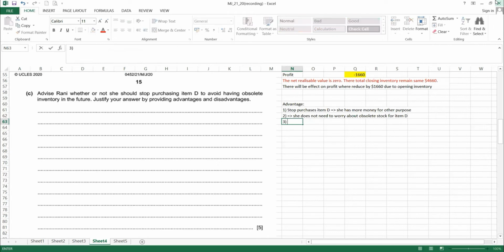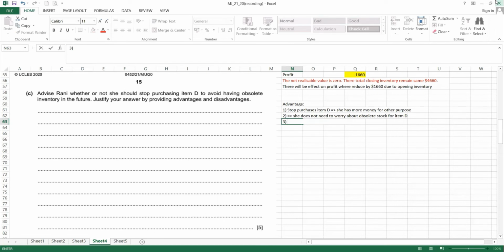Other than that, it will be good for her business because customers may have more choices. Sorry, this one is less choices. It's not an advantage, it's actually a disadvantage already. Let me think what else could be the answer. Okay, she has more money for other purposes. And what else can we think about?